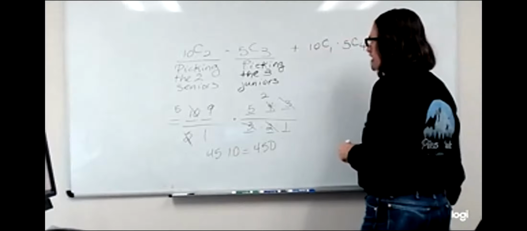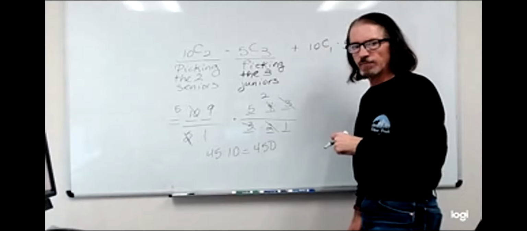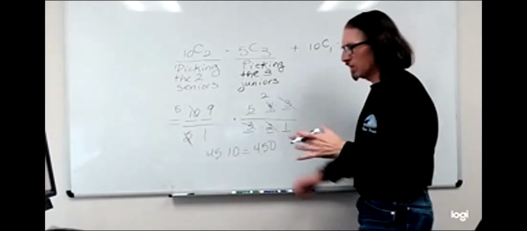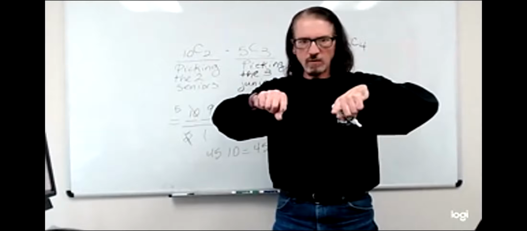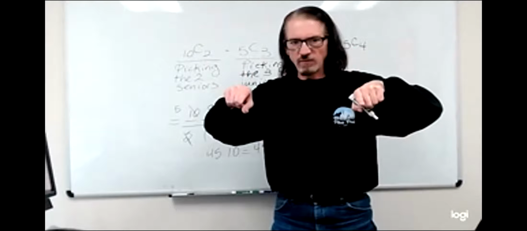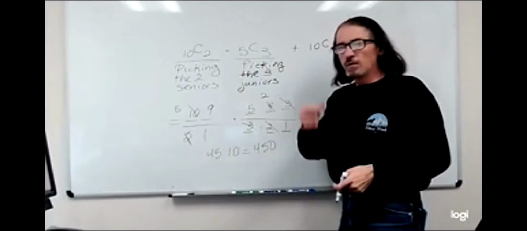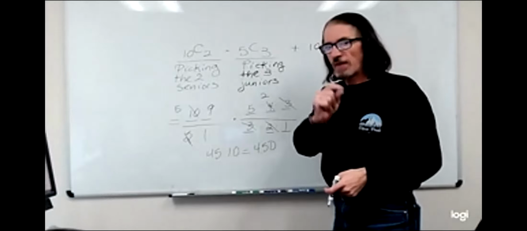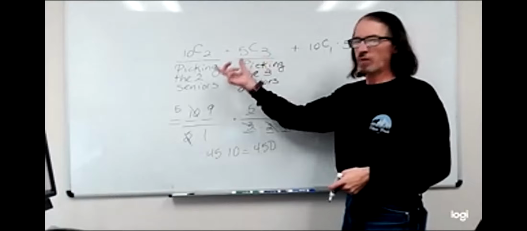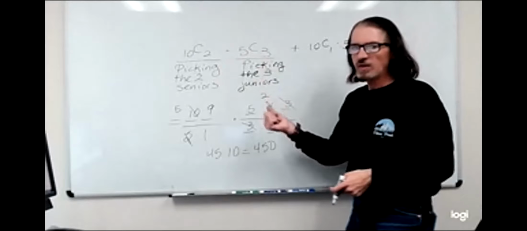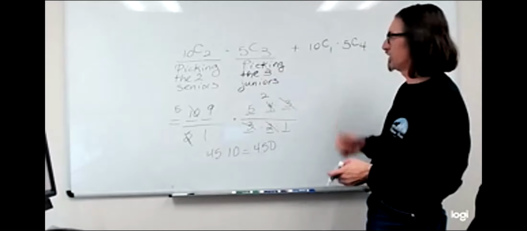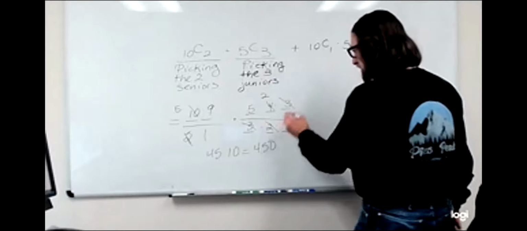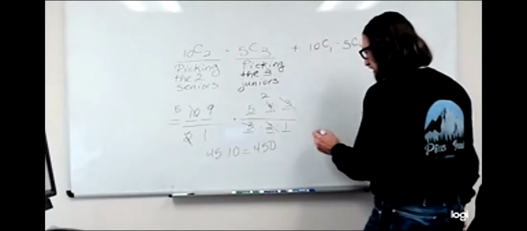By the way, why do I know I can add? That goes back to the fact that you have disjoint subsets or disjoint events. You cannot for that one conference at that one time both pick 2 seniors and 3 juniors, and at the same time 1 senior and 4 juniors. Okay, so we're going to be adding to that 450.